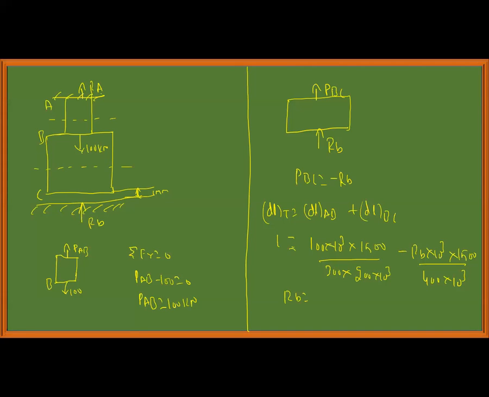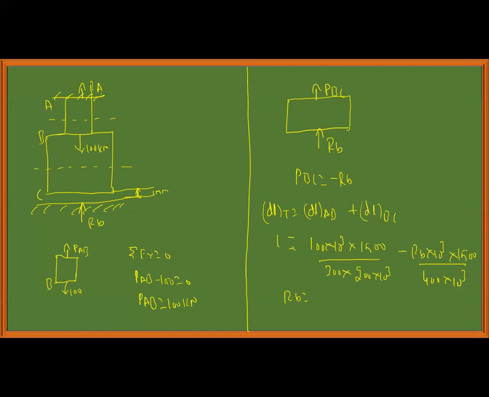You can indicate that by RB or RC also, but I have taken RA and RB. Minus 0.26. Yes, sir.